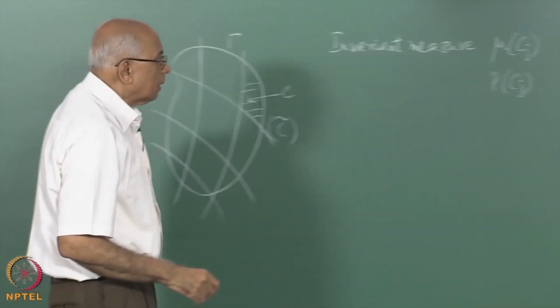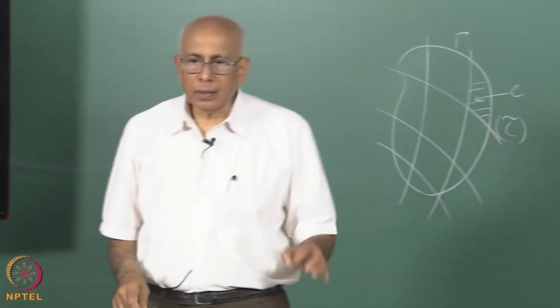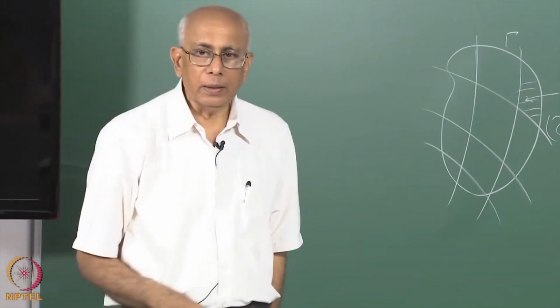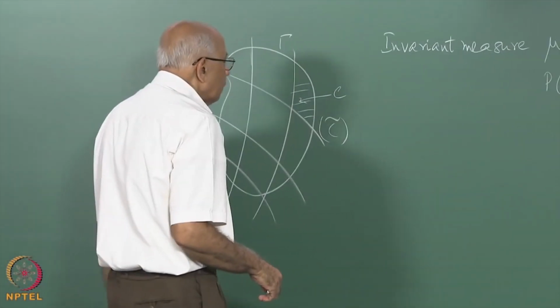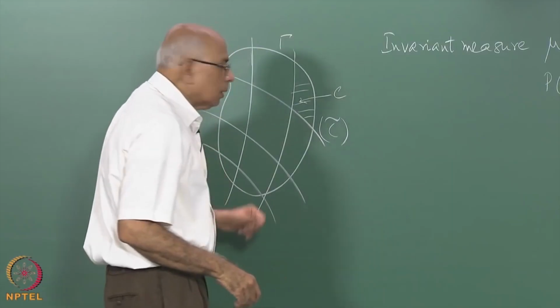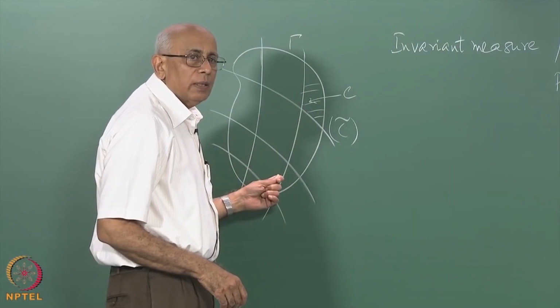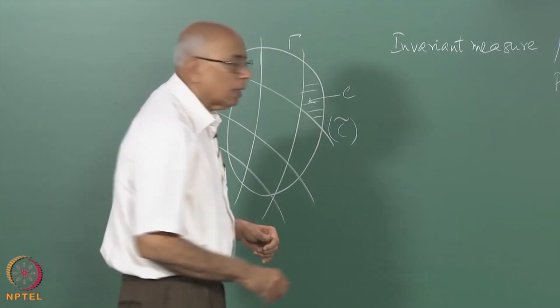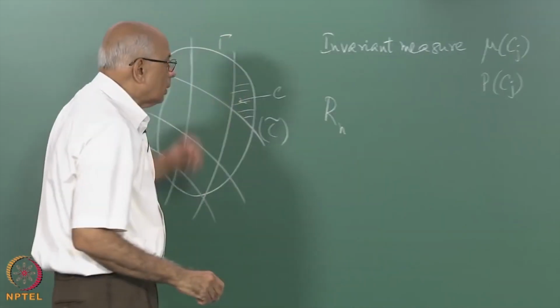The measure is a little more general because, as I said, there could be individual points in this cell which have a finite probability and so on. So we are allowing for that. Then the quantity that we want to compute is the probability that you are going to come back to this cell after a certain time n, and I call that R sub n for recurrence to this cell.